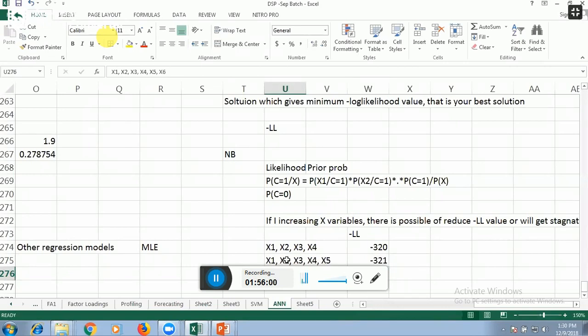But if I compare this to this, you hardly see any improvement. This is the best solution, no doubt at all. But by adding one more variable, you also get some kind of problem. What is the problem you will get by adding one more variable to the model?